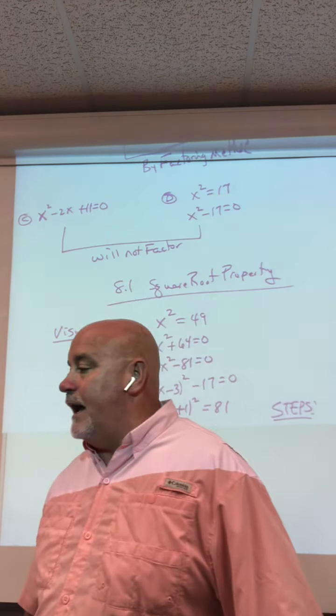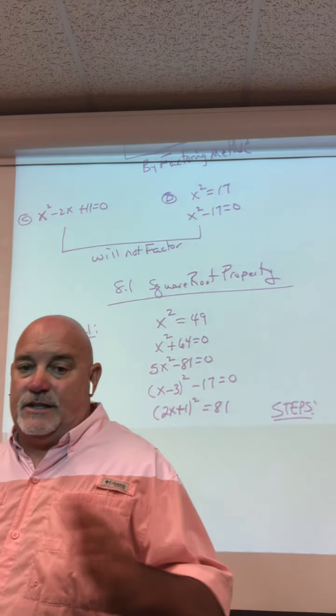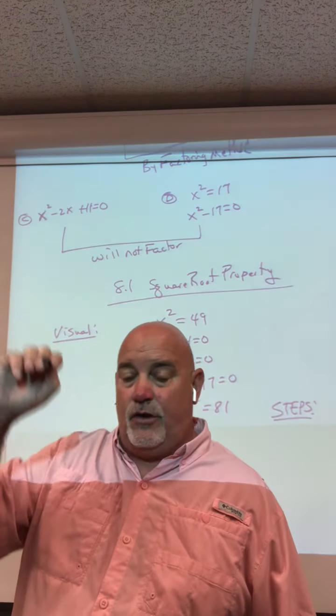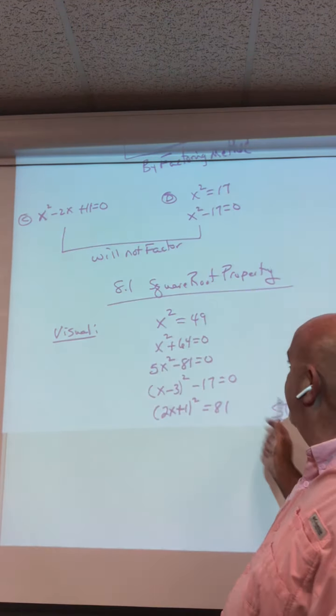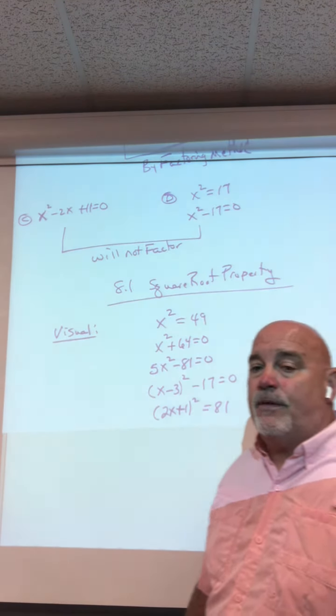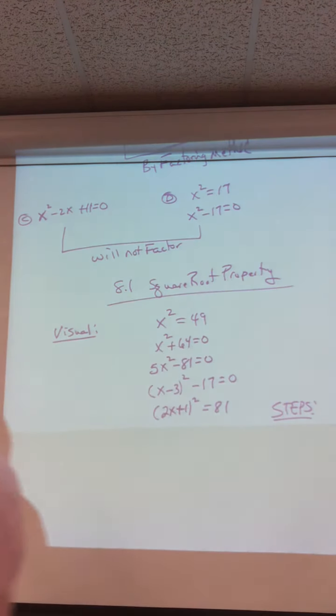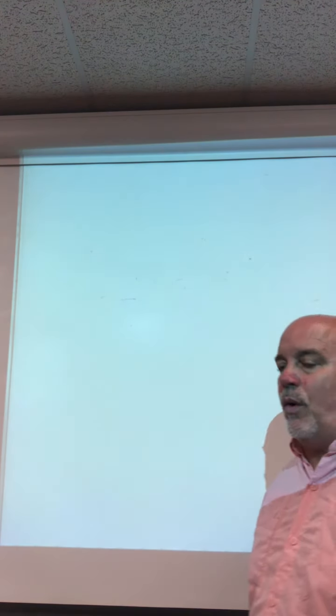All right. Now, let me give you the steps. Write these instructions. Title this note. Write this out in your notebook right now. Title the note, Steps in Using the Square Root Property. Step 1. Pause the video if you need to. Step 1: Isolate the squared term on one side and constant on the other.